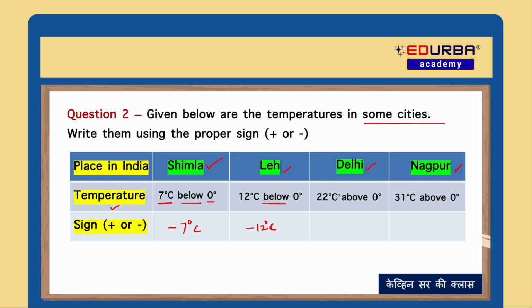Now in Delhi, we have a temperature of 22 degrees centigrade above 0 level, and that means it is plus 22 degrees centigrade. In Nagpur, we have 31 degrees centigrade above 0, and because this is above, this is going to be plus. So we are going to show +31 degrees centigrade. So that's how you can convert this explanation into sign language.